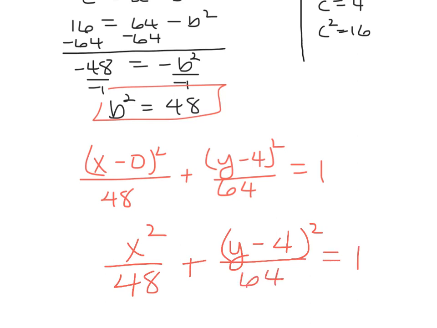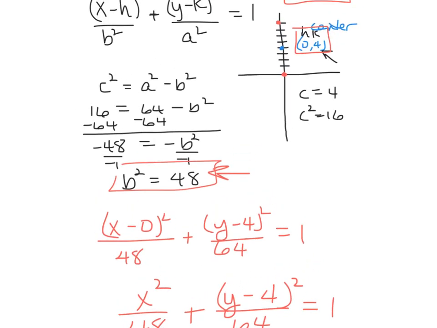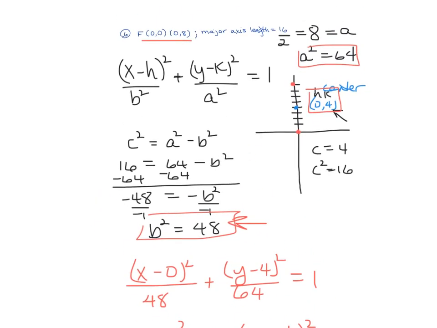Now, if you were asked to graph this, remember this is going to give you how to get to your co-vertices. So the A is always for the vertices and the B is always for the co-vertices. So if it asks you to come up with the graph, you could do that. You could add in the rest of your points. Right now, from red to red, the 2 points here, that's only a distance of 8.